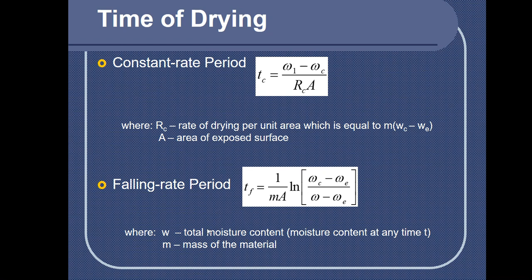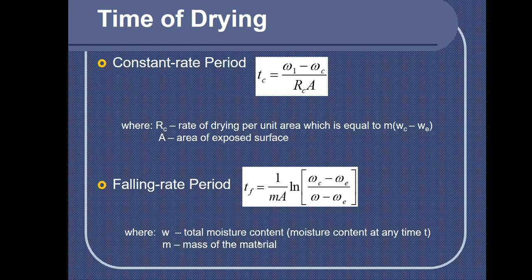And by the way, I mentioned air. This has to do with the solids that are being dried, it has nothing to do with air. So here, we're determining the drying time for a solid at the constant rate period, and this is the drying time for the material at the falling rate period. The total drying time will be the sum of these two.